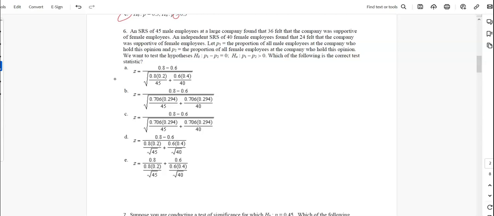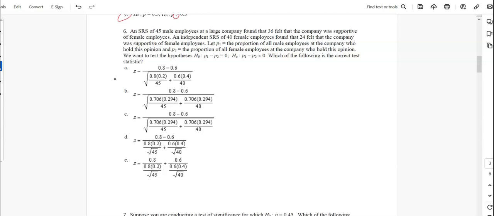What we want to test: the null is nothing unusual, guys and girls have the same opinion, the same proportion. The alternate is that the males' proportion is greater than the females'. Maybe the males think, oh, the females are great, we don't have any problems. Which of the following is the correct test statistic?